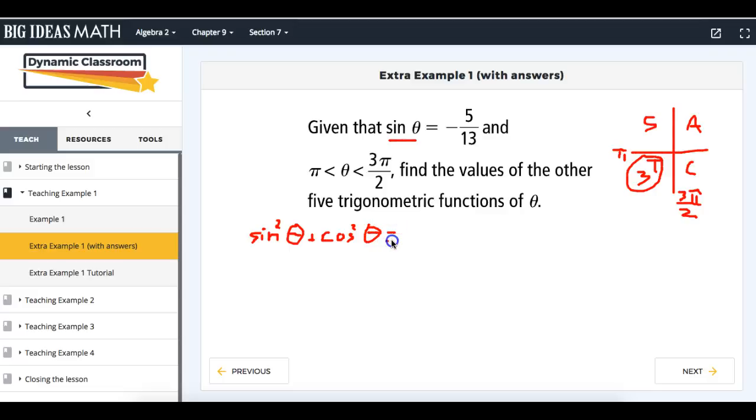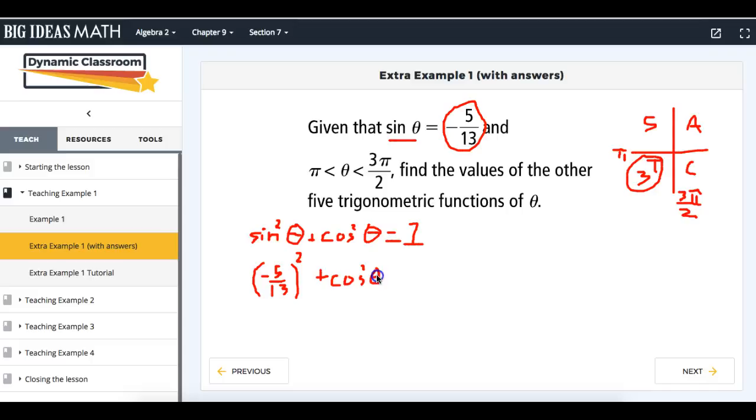Now that we know what quadrant it's in, our first step is to write this out. Now let's take negative 5/13 and plug it in for the sine. So negative 5/13 squared plus cosine squared equals 1.